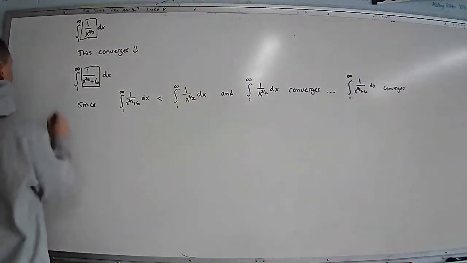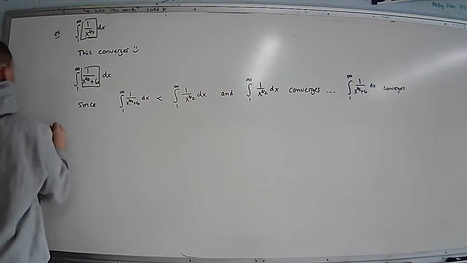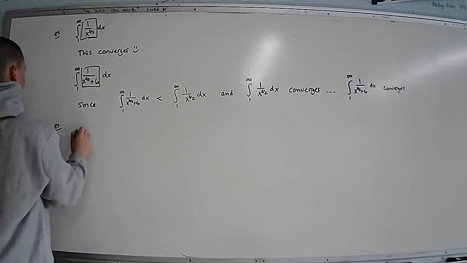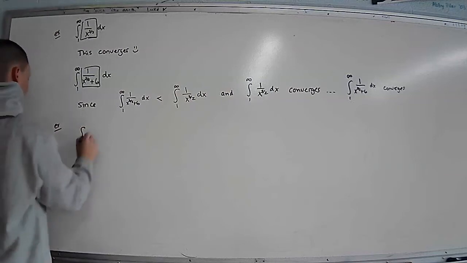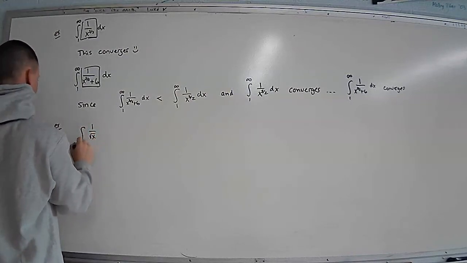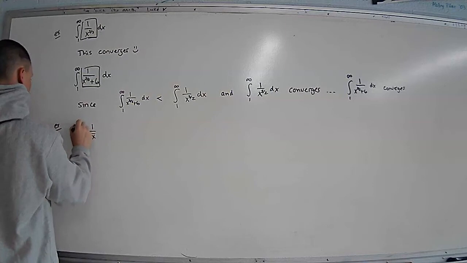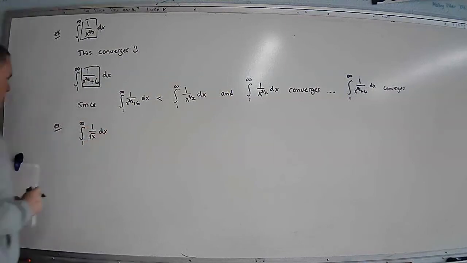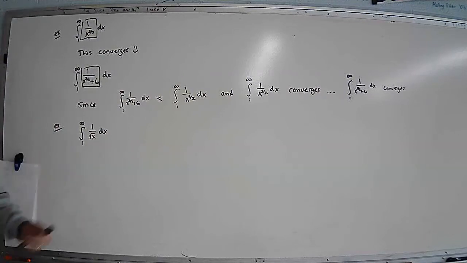So let's look at another example here. Take a look at this guy: 1 over the square root of x. Pause for 10 seconds and tell me what that one does. If you were following along, you're probably going to know what that one does.